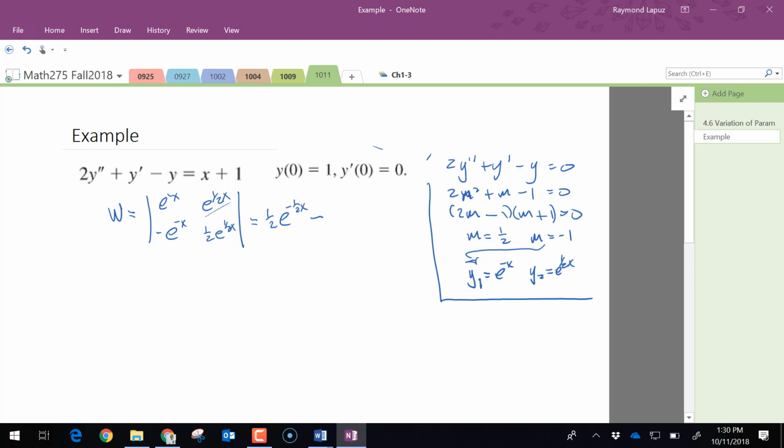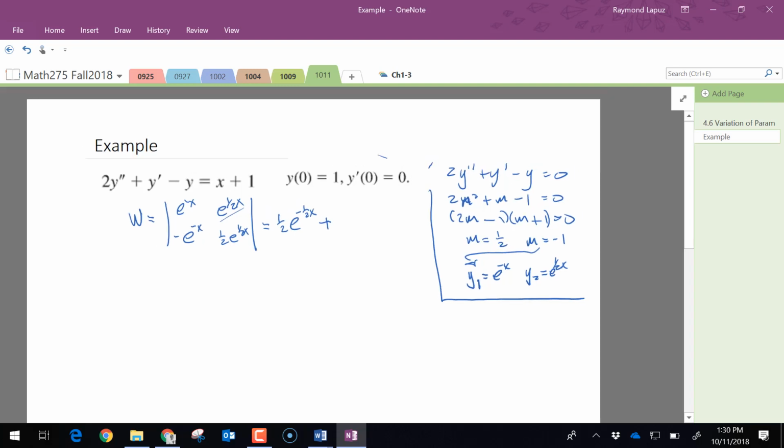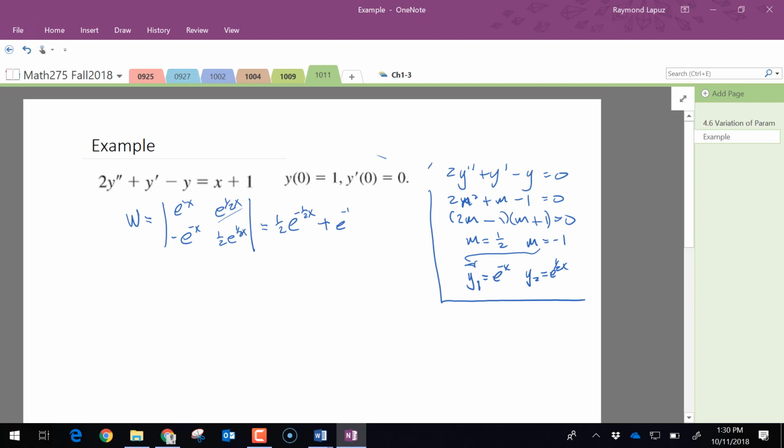And then a minus becomes a positive, and e to the same power again, e to the negative 1/2 x. So that's going to get us 3/2 e to the negative 1/2 x. So that's W, or the Wronskian.